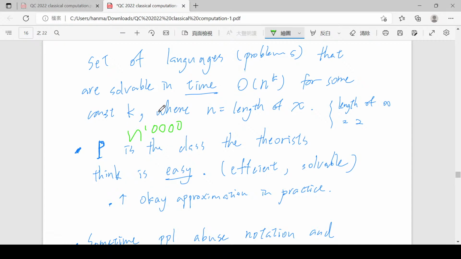This is not actually a practical number, but it's still in P. But this doesn't usually happen. So we think that P being efficiently solvable is a pretty good approximation to reality.